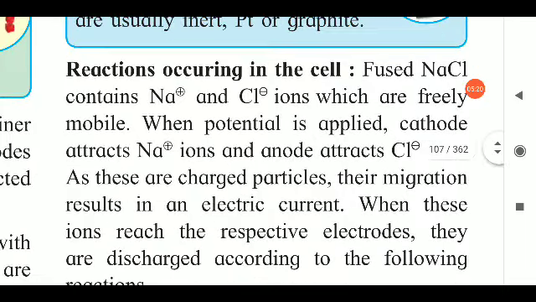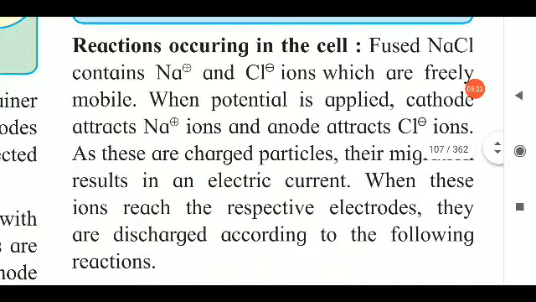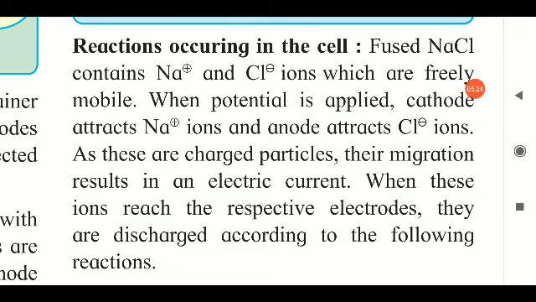Now students, we are going to study the reactions which are taking place during the passage of electric current, that is DC current. Fused NaCl contains Na plus and Cl minus ions which are freely mobile, that we have already seen in that figure. When potential is applied, cathode attracts Na plus ions and anode attracts Cl minus ions.